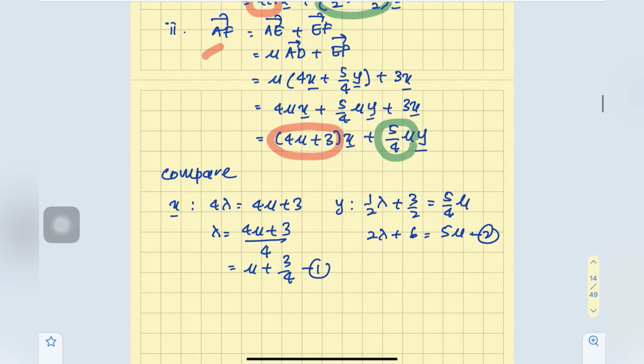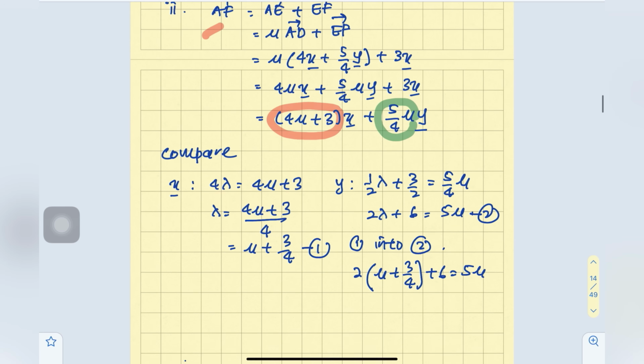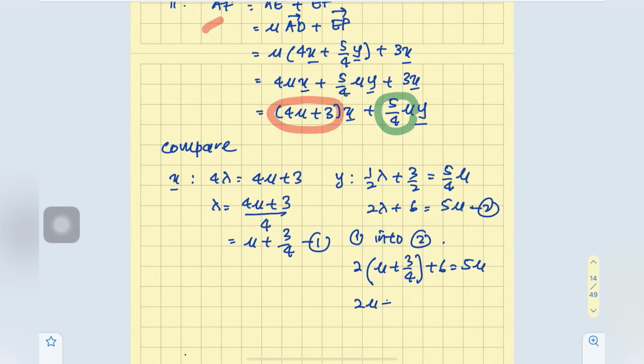Okay, so 1 into 2. So, 2 lambda is mu plus 3 over 4 plus 6 equals to 5 mu. Okay, so this one become 2 mu plus 3 over 2 plus 6 equals to 5 mu.